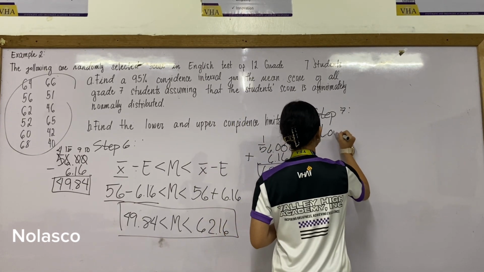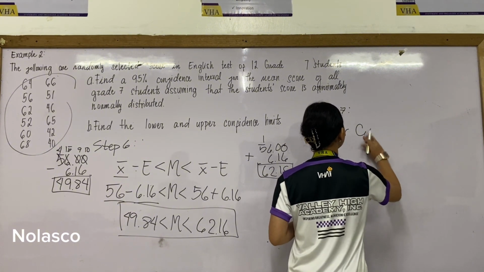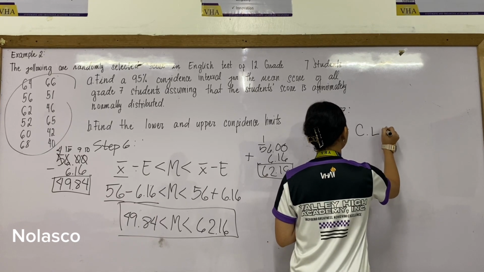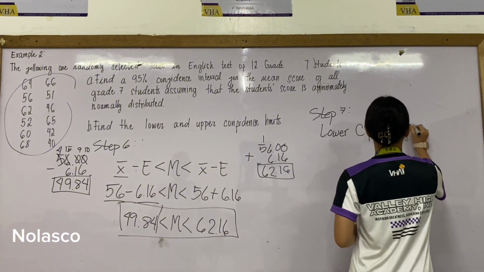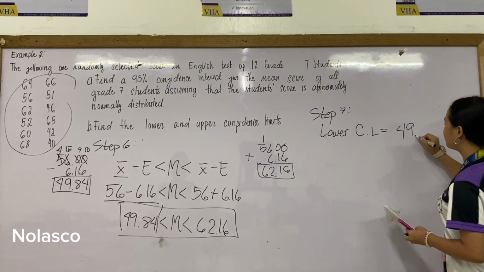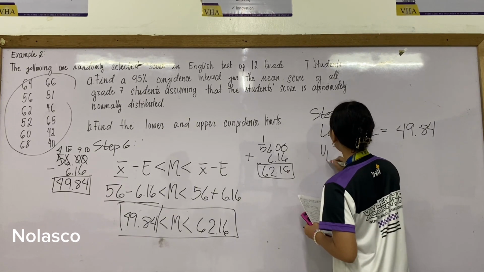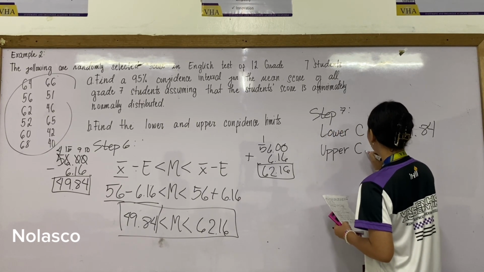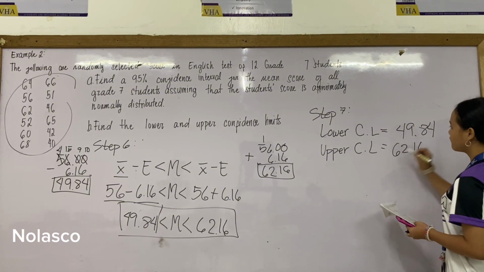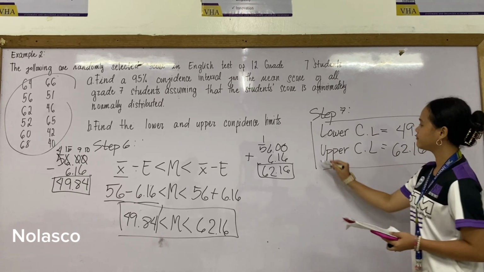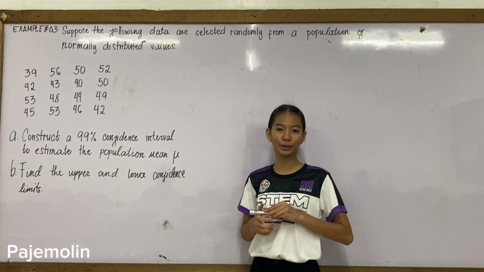So our lower confidence limit is equal to 49.84 and our upper confidence limit is equal to 62.16. And that's it. So now let's have our example number 2.